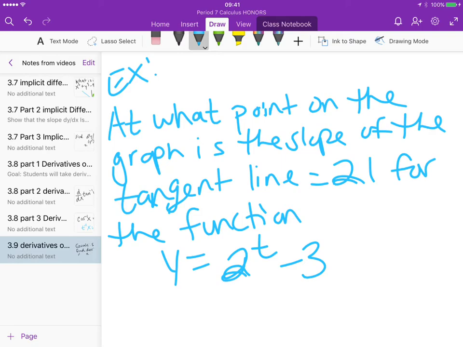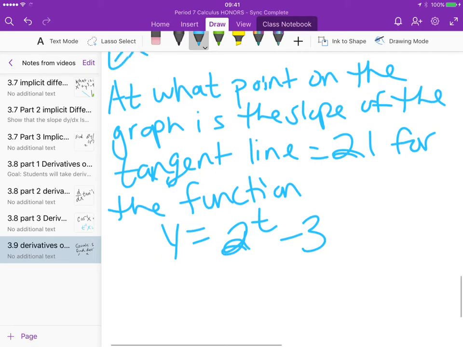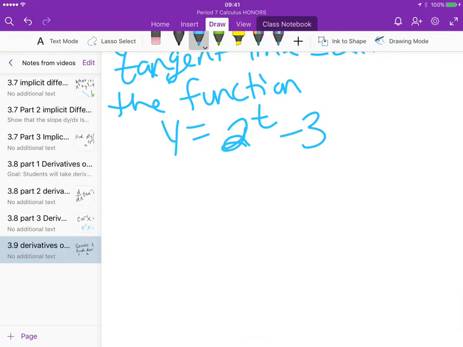So first and foremost, let's find the derivative, because we know we're going to have to. In our last video, we approached the derivative for a greater than 0.